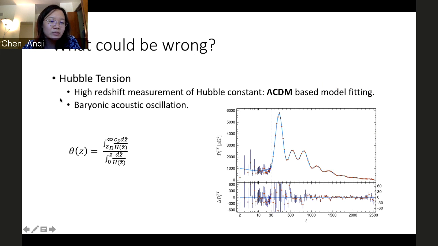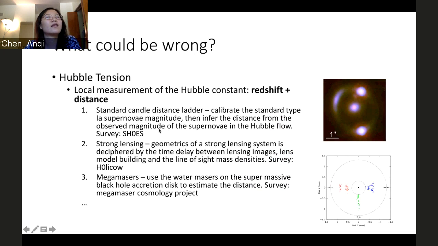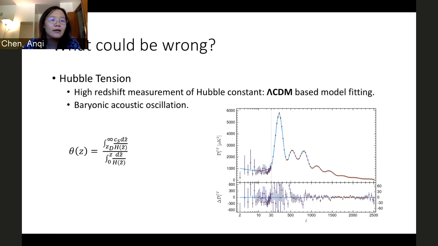But the bottom line is that so far there have been a lot of different, completely independent methods to measure the local Hubble constant, and they give us pretty consistent results, as I'll show you later. Another way of measuring the Hubble tension is through lambda CDM-based model fitting on, for example, the CMB.